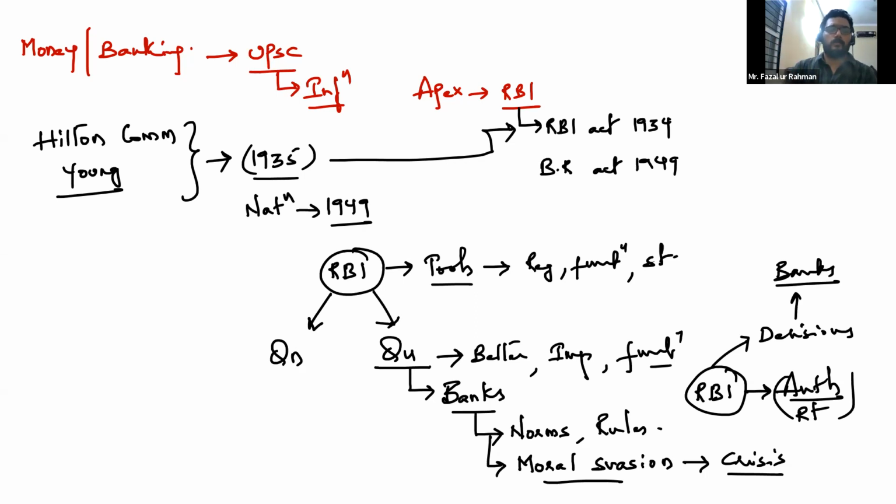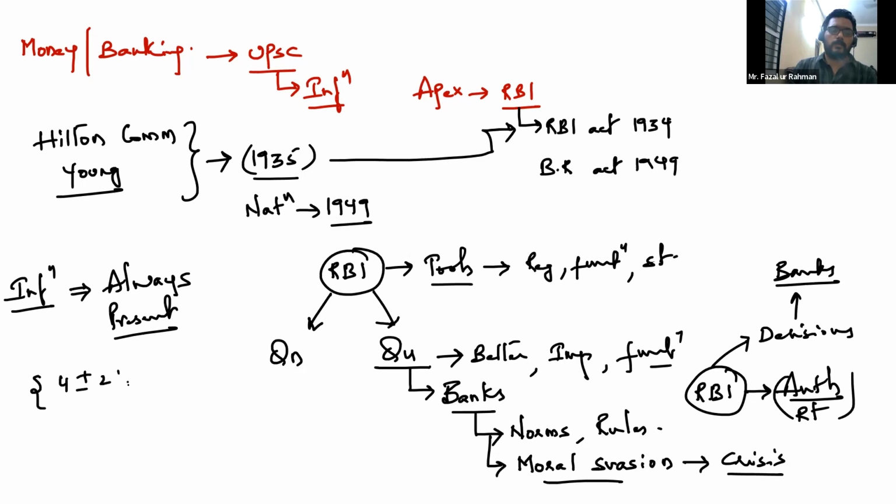RBI's target is always to maintain a certain percentage of inflation. Always remember in our classes and in your preparation that inflation is always present in the market. How much inflation do you have to maintain? 4 plus or minus 2 percent needs to be maintained.